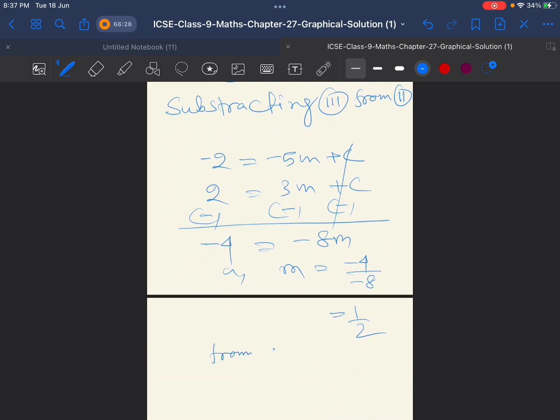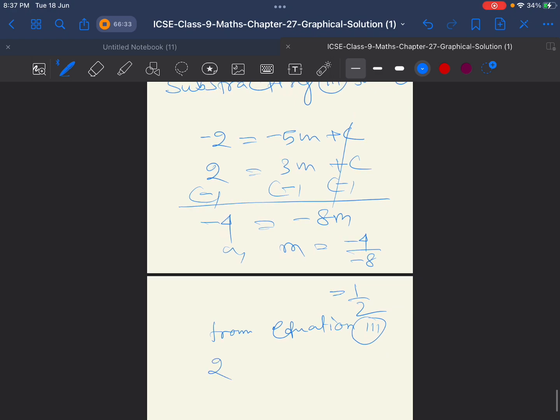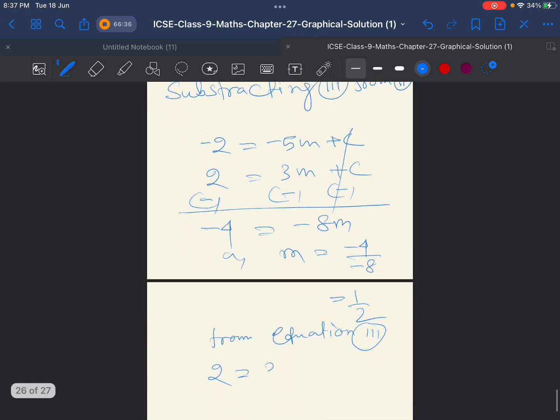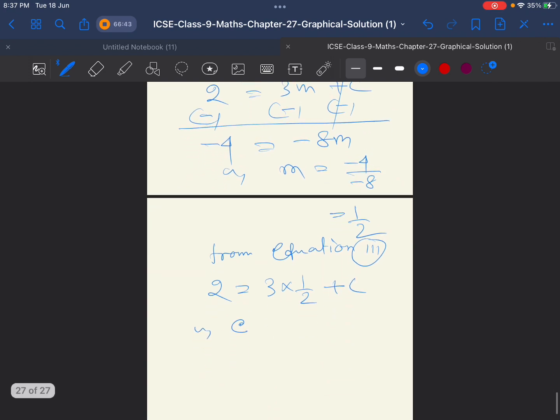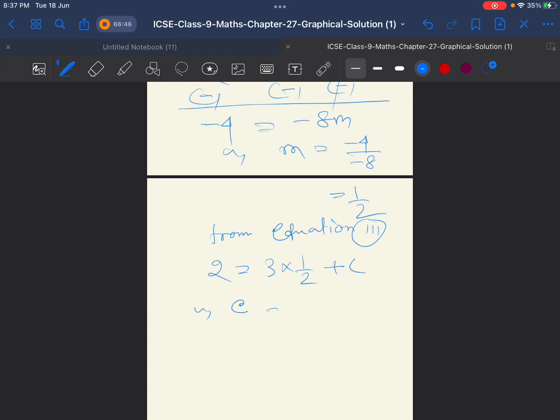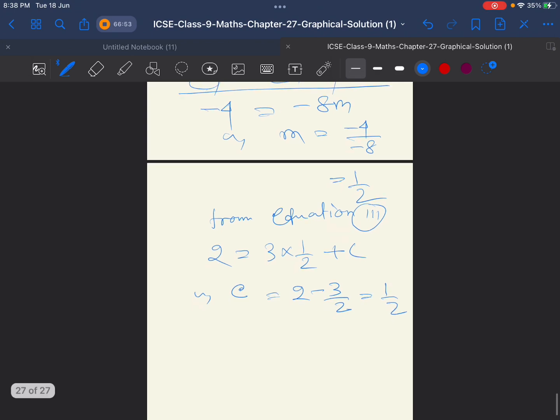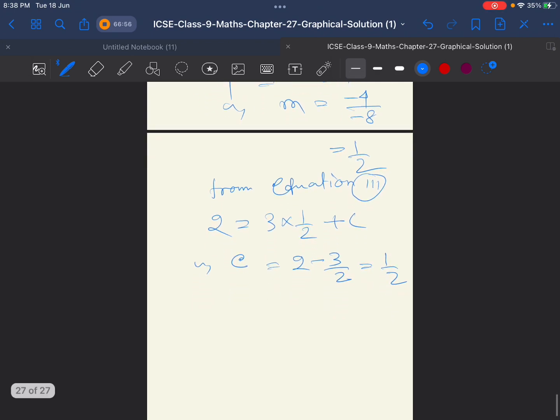Now we put the value of m in equation 2 or equation 3. From equation 3, 2 equals 3 into 1 by 2 plus c. So the value of c equals 2 minus 3 by 2, which is 1 by 2.